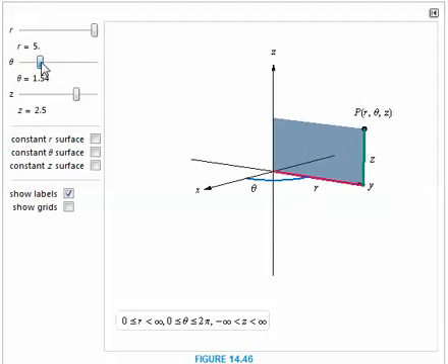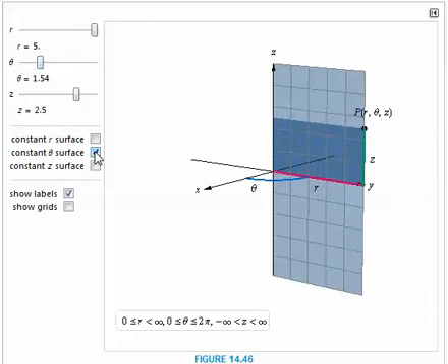Gotta have very careful maneuvering here. There we go. So, a constant surface of theta equals pi over 2. That is the half of the zy plane. So you only get half planes. And that's because r is only allowed to be positive.